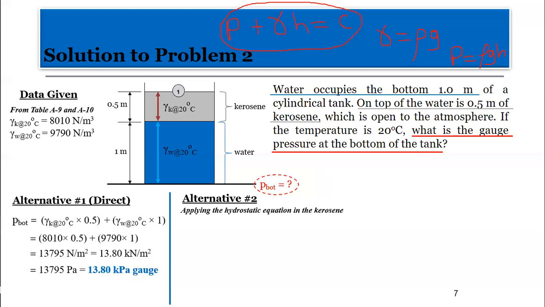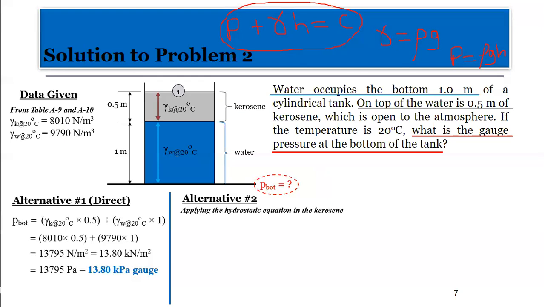So if I consider point 1 here and point 2 down here, whatever sum, if I say P1 plus gamma H1, it should be the same thing as P2 plus gamma H2. That is constant. That's what we mean, okay?